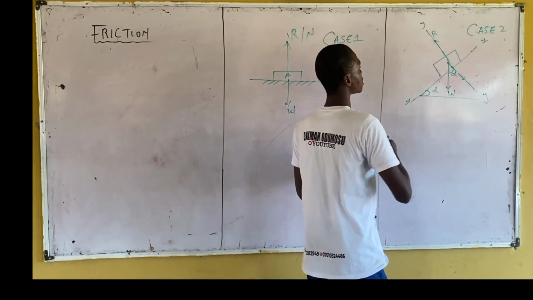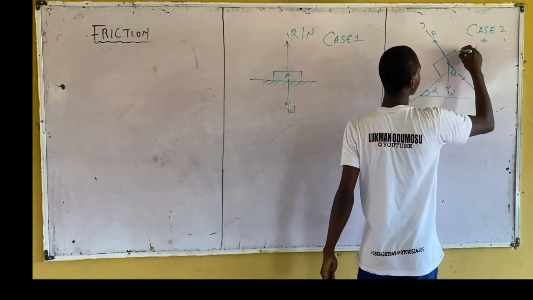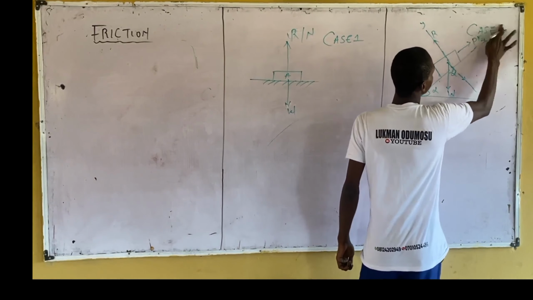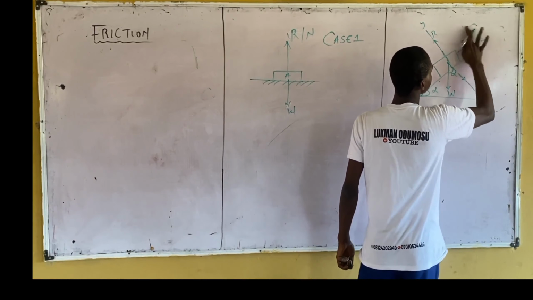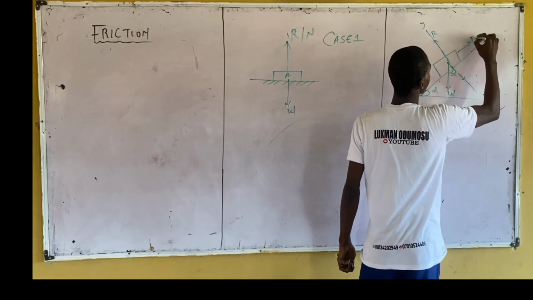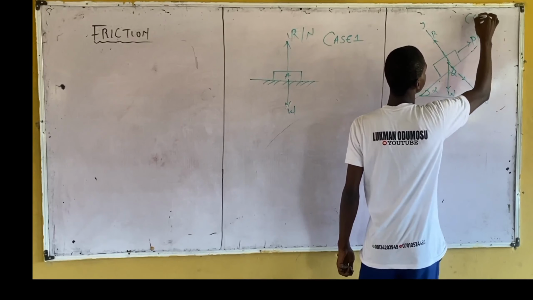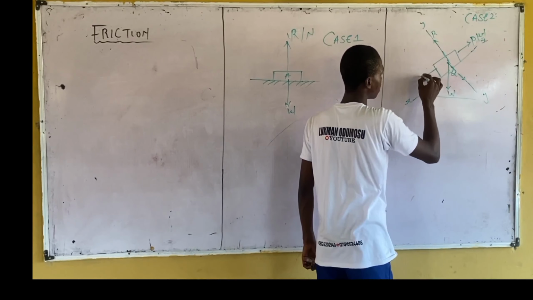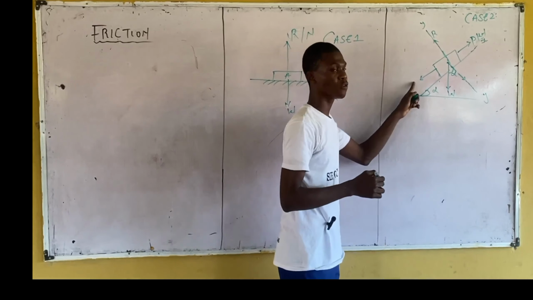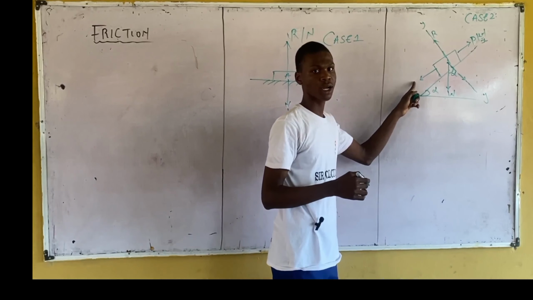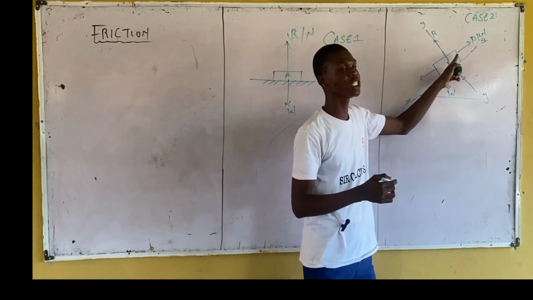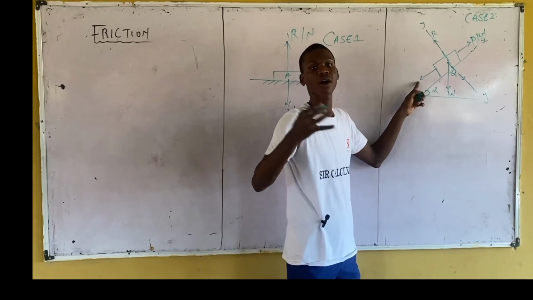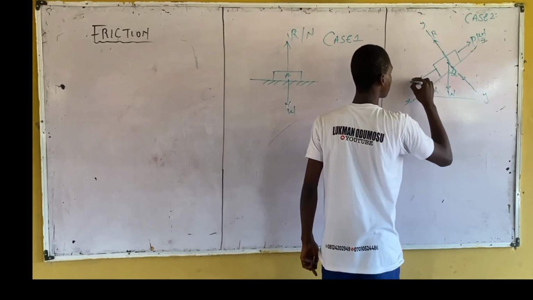Now, if I'm applying a force of P kilonewton to this body, and don't forget, this is case 2, then if this is the initial external force acting on this body, this other force becomes the frictional force, F.